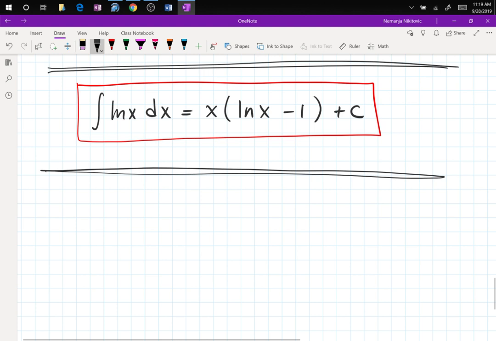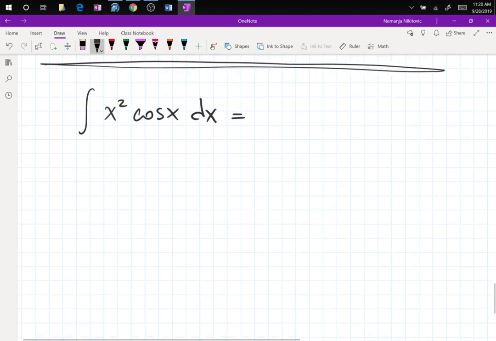So now we are going to take a look at the integral of x squared cosine x dx. By popular demand, we have at least 2 students that can't wait for the x squared and x cubed and all that to kick in. But trust me, I'm gonna filter out that system real quick.